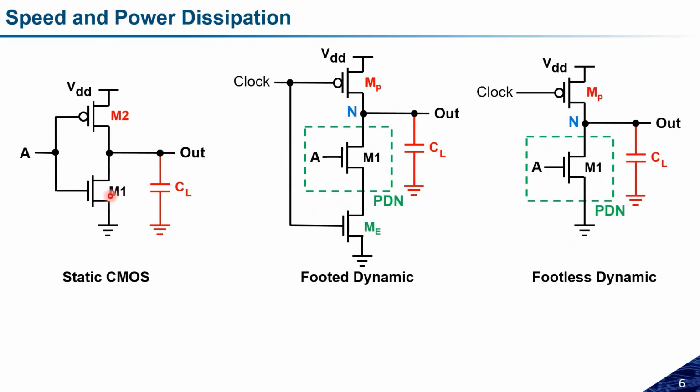In the static CMOS based structure and the footless dynamic logic, tPHL will be the same. So tPHL for the first and the third circuit will be equal, whereas tPHL for the second circuit will be double that of the other two arrangements. So this is the problem.